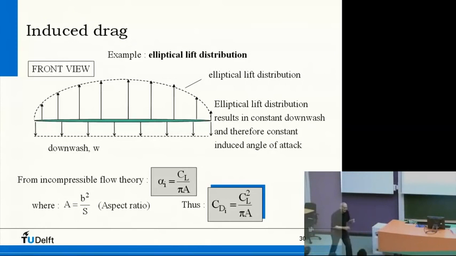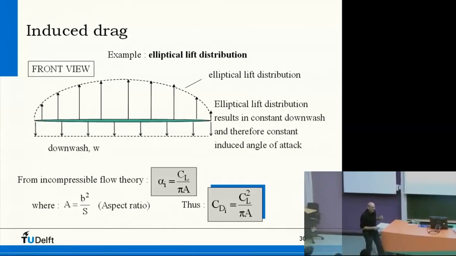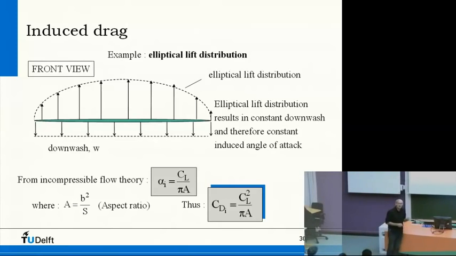Okay, so we would like to know when... I mean, it's a drag, of course, and you should reduce drag. So when will this induced drag be the lowest? And that is, the induced drag will be the lowest if we have an elliptical lift distribution. And that's why I showed you the pictures in the beginning of the aircraft.